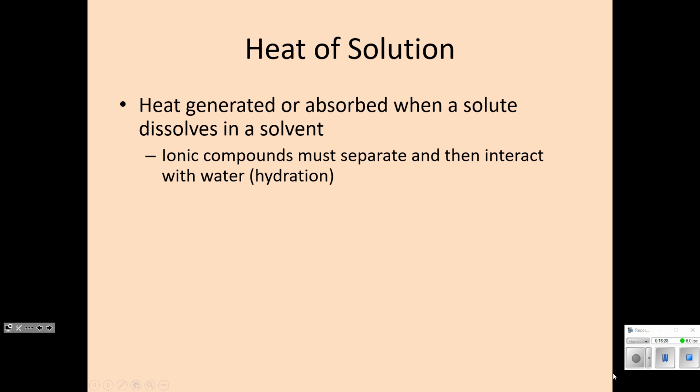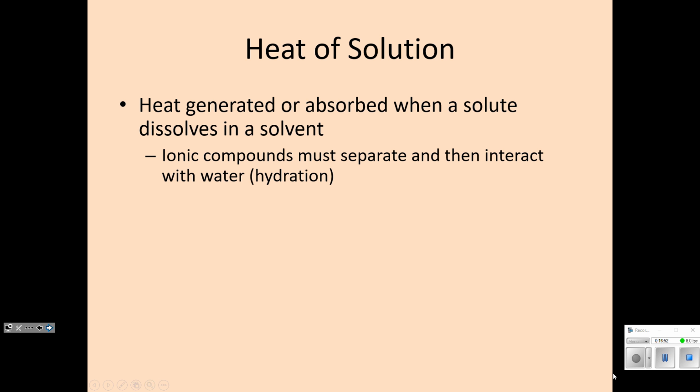Because when you have opposite charges that attract, to overcome attraction requires energy. I think I mentioned that last class when I talked about you have to break bonds. You're overcoming attraction. But then, water molecules will naturally surround the ions. That's called hydration. And when that happens, energy is released.